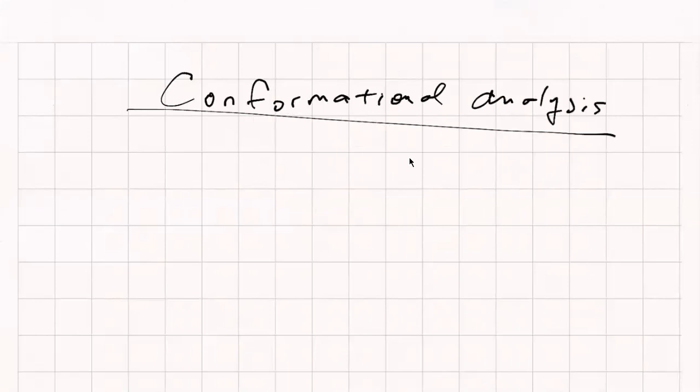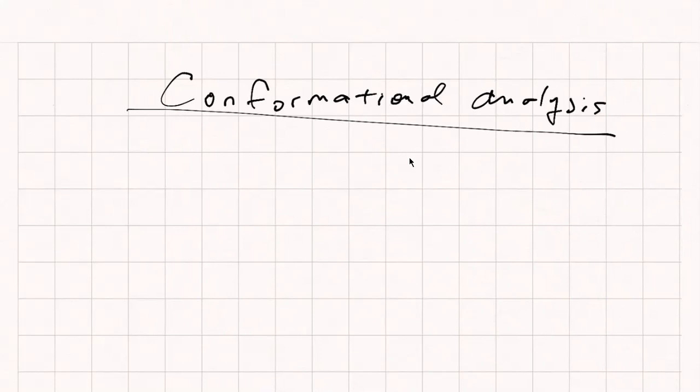I sent videos on Friday for you to check out, maybe as a refresher, but also just to get you ready for what we're going to talk about. When we talk about conformational analysis, we're talking about the conformational analysis of a structure, like an alkane or alkene.